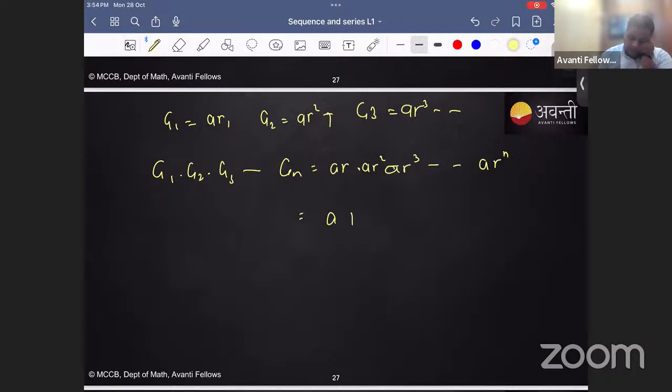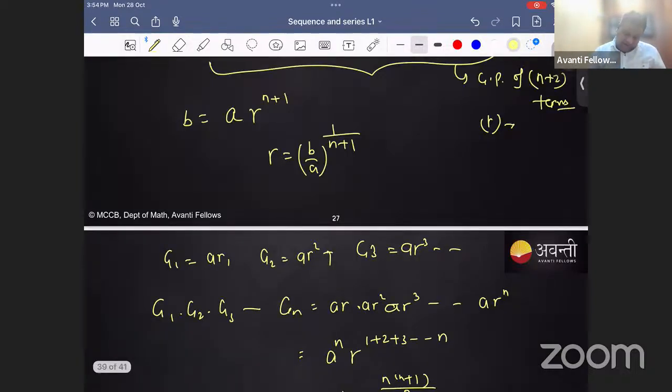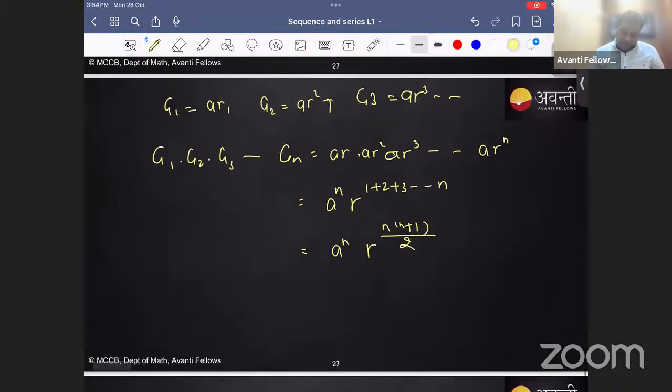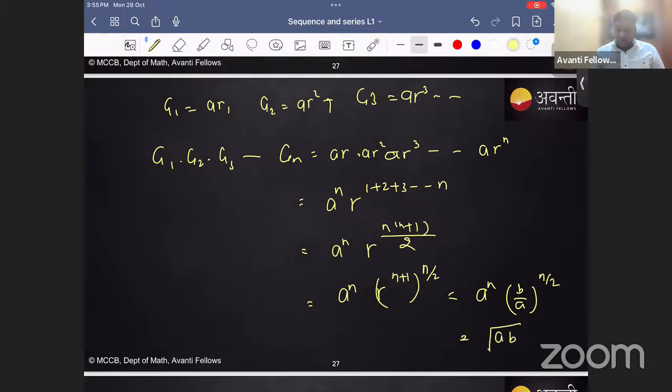Now take A common, A to the power n will be here, and R to the power 1 plus 2 plus 3 up to n. This is what you got. And we just calculated that R is (B upon A) to the power 1 upon n plus 1. So it is A to the power n, R to the power n(n plus 1) by 2. So that will be root AB to the power n.